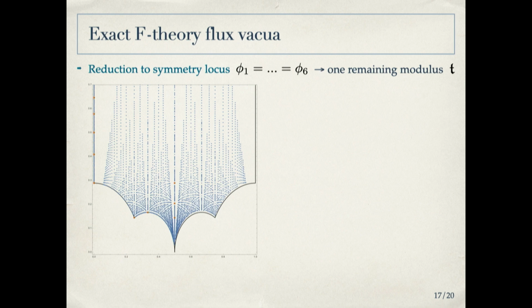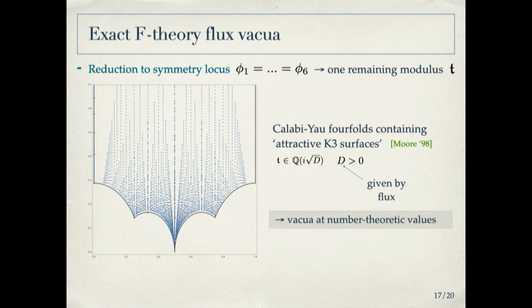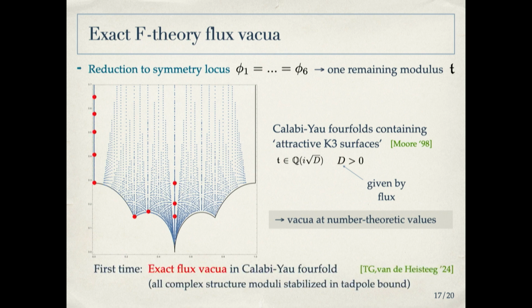Remarkably, all of the vacua which you find in this manifold have a number theoretic meaning. Namely, these Calabi-Yau fourfolds contain what is called attractive K3 surfaces, which have complex multiplication. And if we impose the tadpole bound, some of these vacua are still okay, and these are now really genuine Calabi-Yau fourfold vacua, solved including all the period corrections, no truncations, nothing. In fact, if you would truncate, you would not see this picture.